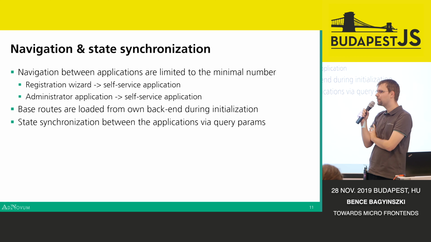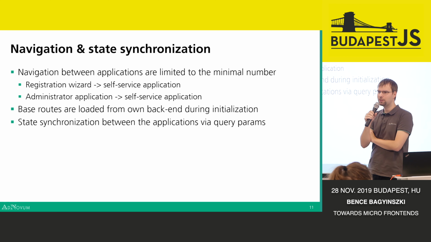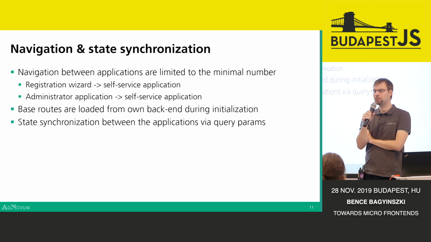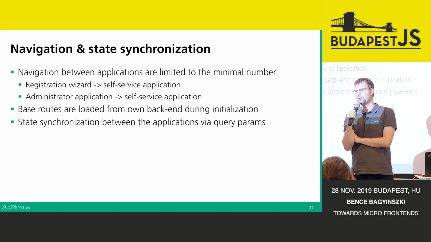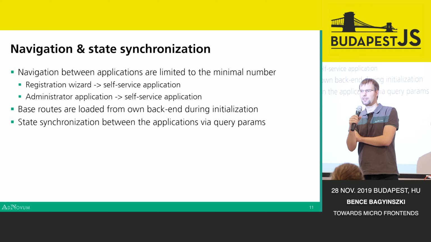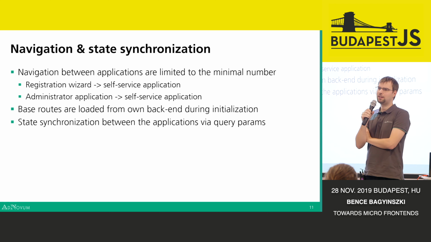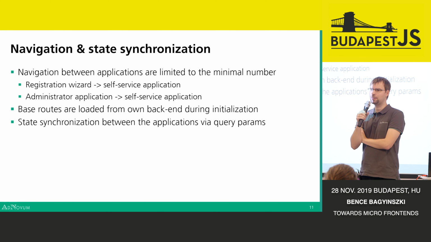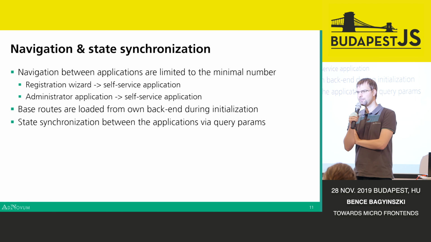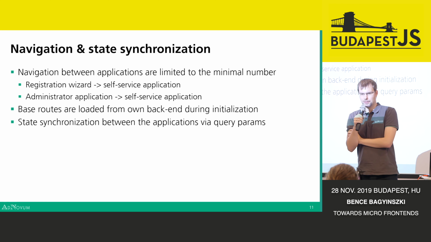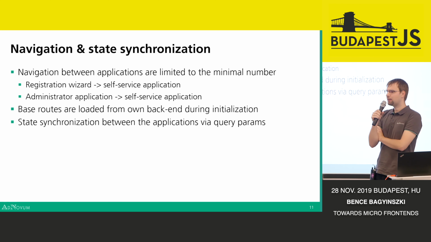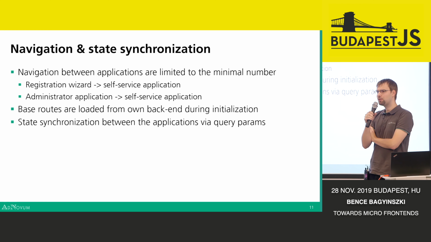And the answer is that during the initialization, it loads it from its own backend. Okay, but how does its own backend know? This is read as a property from a property file, so it can be configured easily. That's the base route.